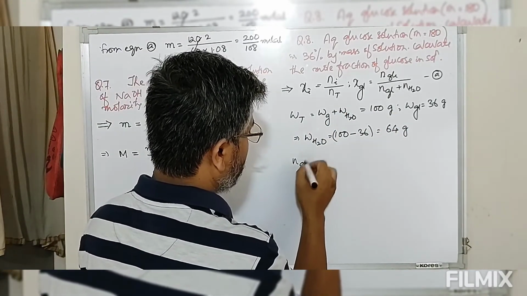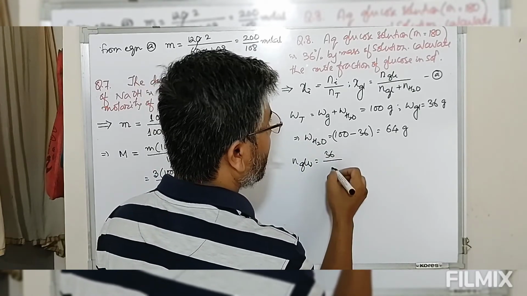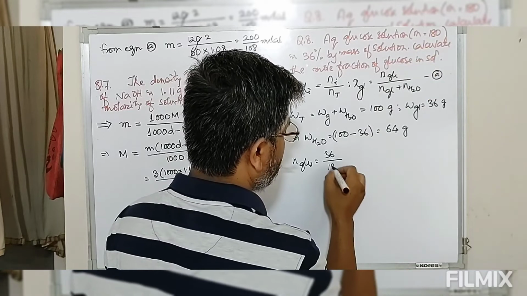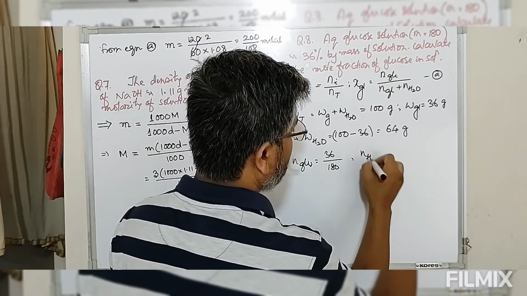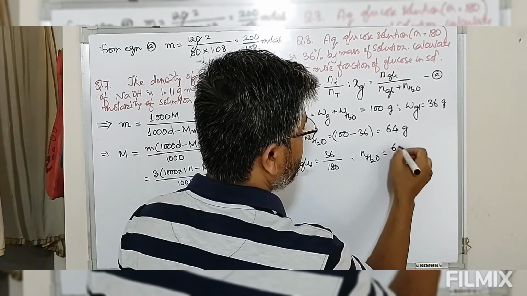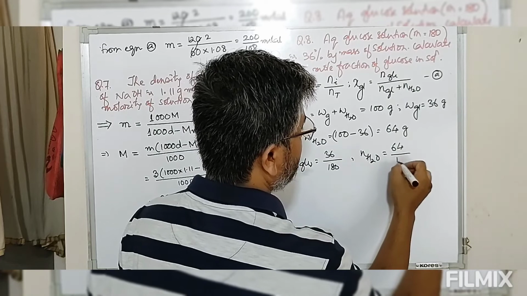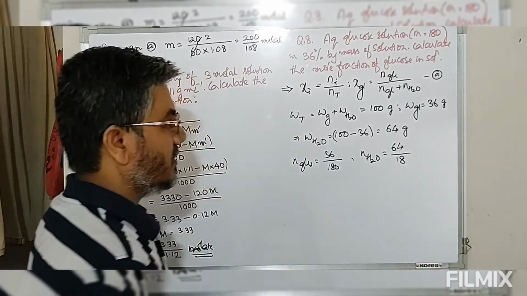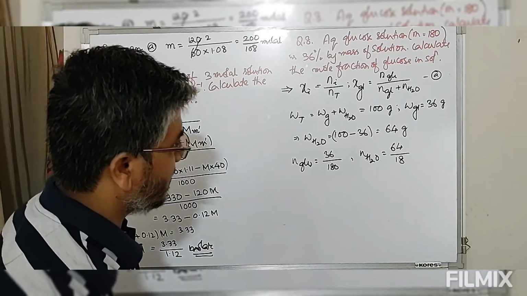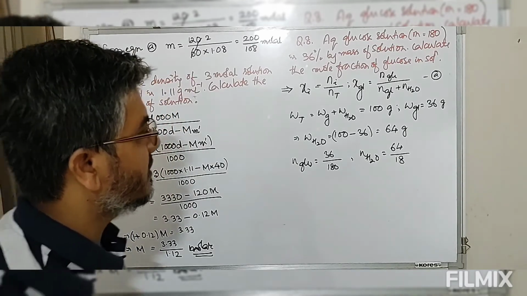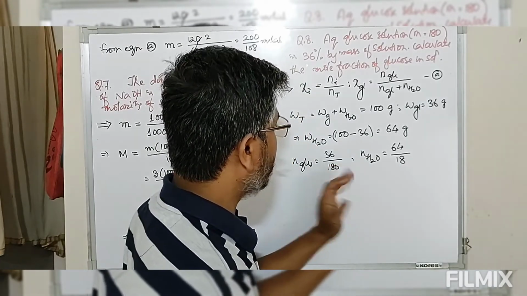So number of moles of glucose is equal to mass divided by molar mass. Molar mass is given as 180. Number of moles of water is 64, that is mass, divided by molar mass, that is 18. So we have number of moles of water and number of moles of glucose.